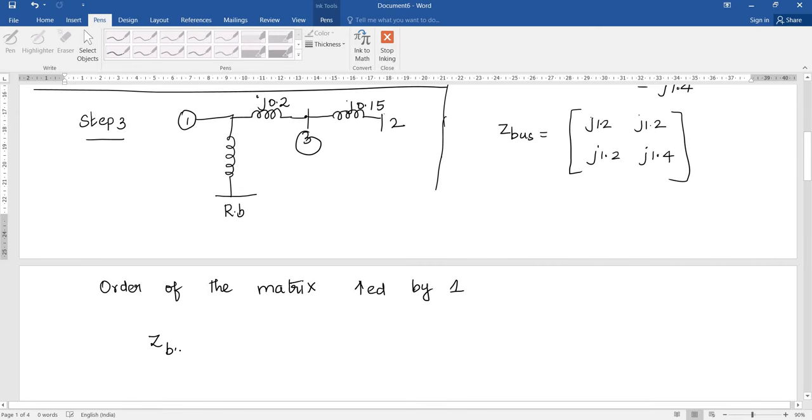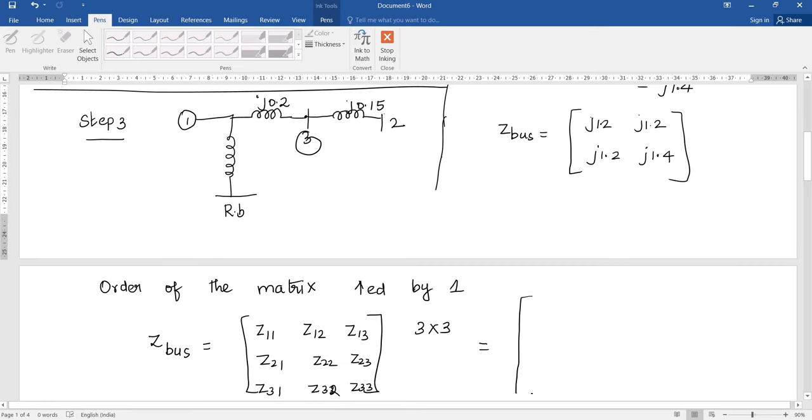What is the new Zbus? It consists of 9 elements, a 3 cross 3 matrix: Z11, Z12, Z13, Z21, Z22, Z23, Z31, Z32, Z33.